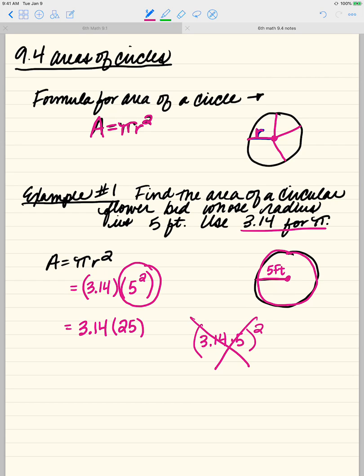When you plug 3.14 times 25 into your calculator, you get 78.5, and we have feet squared because this is area. So the area of a circle that has the radius of 5 feet is 78.5 feet squared. Everything contained within that flower bed is 78.5 feet squared.